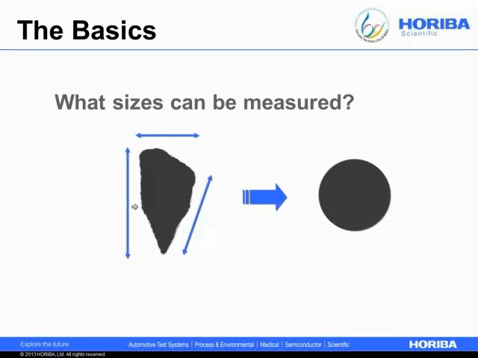So even though your milled or unmilled Trona sample will have a shape that is much more similar to what we see on the slide on the left-hand side, the way the LA950 or any laser diffraction instrument will have to think about it is as though it's a hard sphere.